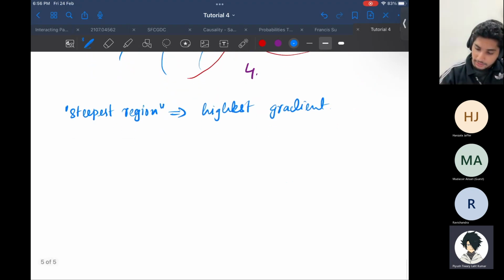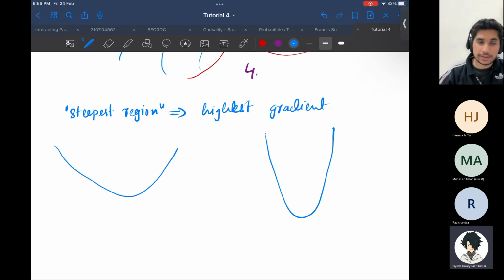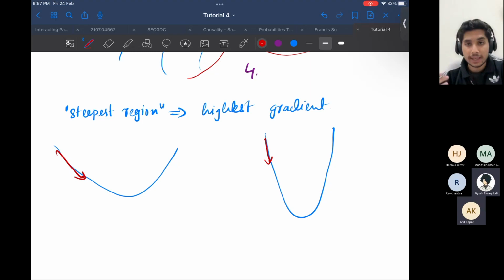For example, here are two graphs, and I ask which graph has more steepness. I hope you will say this graph has more steepness because it is more inclined. However, this one doesn't have a high steepness because it is more flat. So this is what we mean by steepness, high gradient.